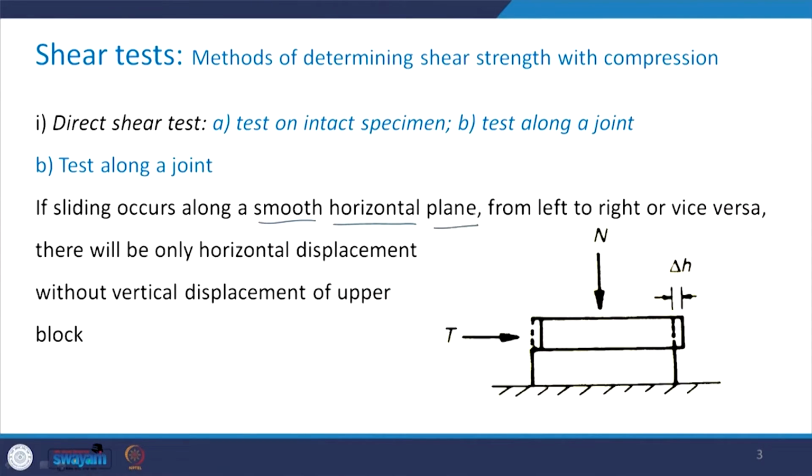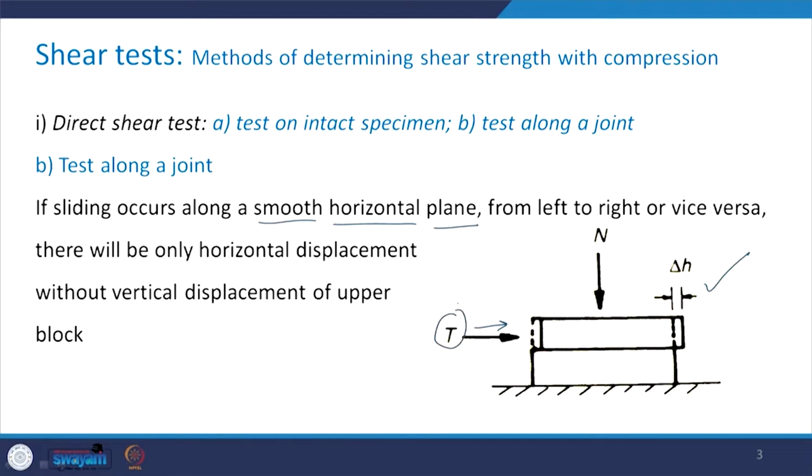Let us say the sliding occurs along a smooth surface which is also horizontal, that means the sliding is occurring along a smooth horizontal plane. Look at this figure: the shearing is occurring from the left to the right, that means shear force T has been applied from left to right.